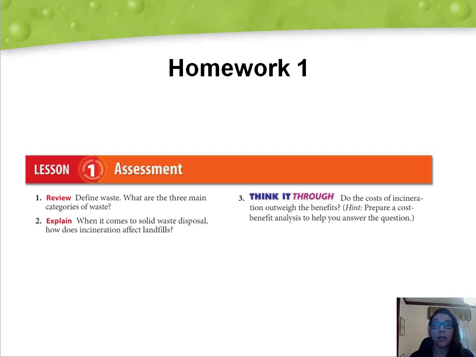It is the 19.1 Lesson 1 assessment, just 3 questions. All right, guys, have a good night, and I will see you in the next lecture on 19.2, when we are going to be talking about how to minimize our solid waste.